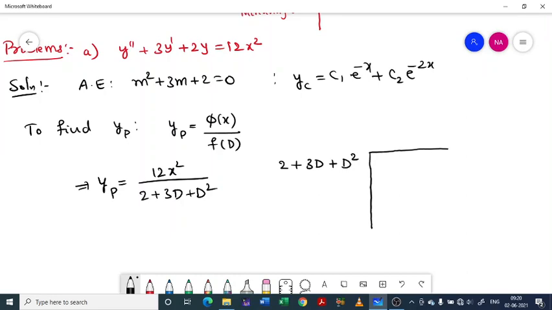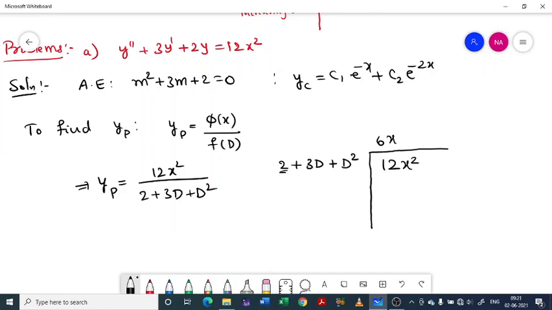Here there is only one term, 12x square. What term do I have to write here? The product of this term with this constant should give you this term. So the best way is to divide this term 12x square by 2, you get 6x square.